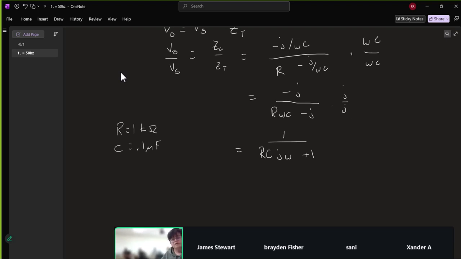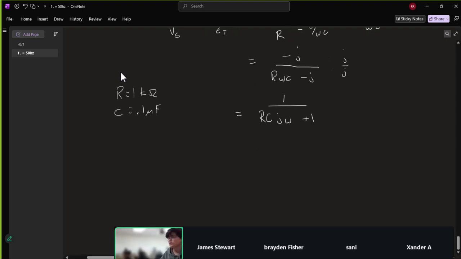And we can get our corner frequency. If you remember when we were doing these Bode plots yesterday, when we had something that looked like 1 over 1 plus J omega over 10, that 10 is called a corner frequency. So to get this in that form, we'd have 1 over 1 plus J omega over 1 over RC.